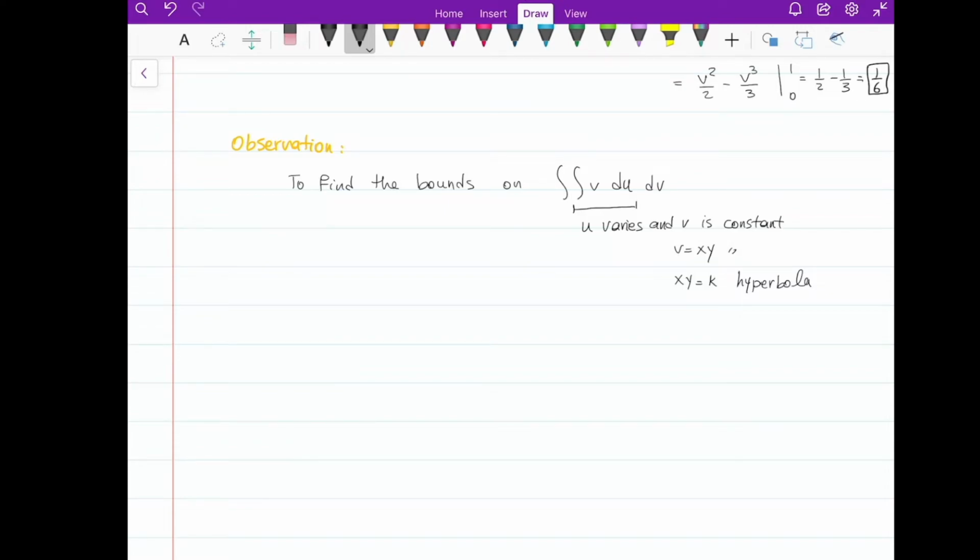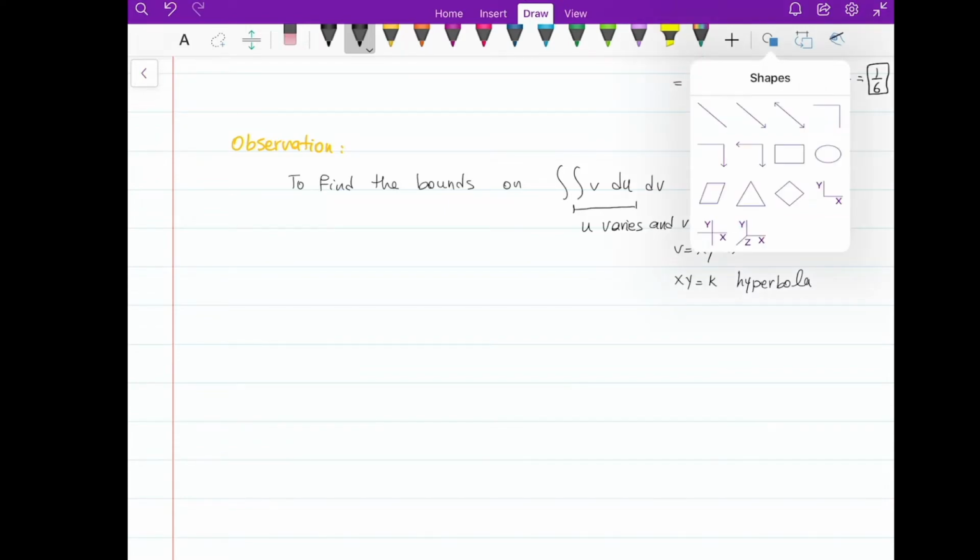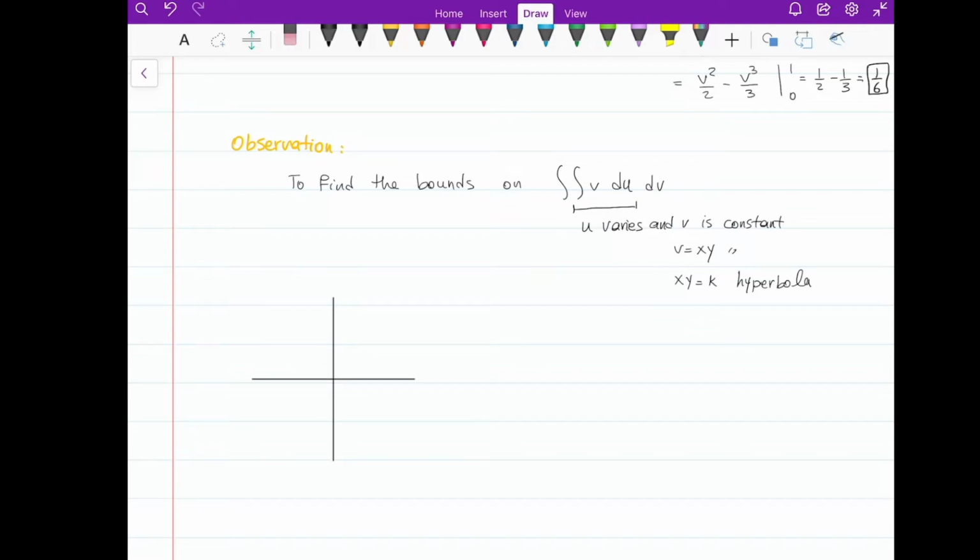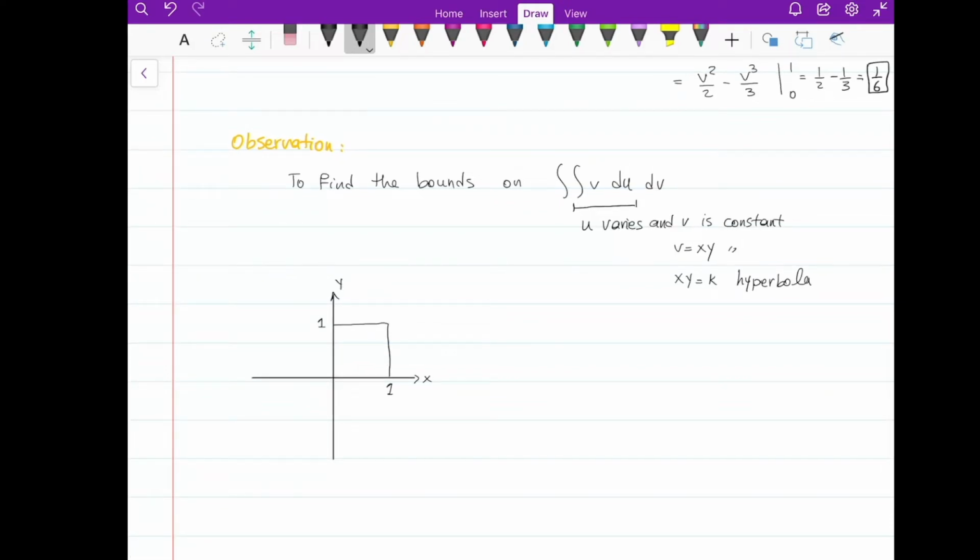Okay, so if I have my region in xy, which was basically a square of side 1, then I have hyperbolas equal to some constant. So I have these hyperbolas, and I can slice my region like that.